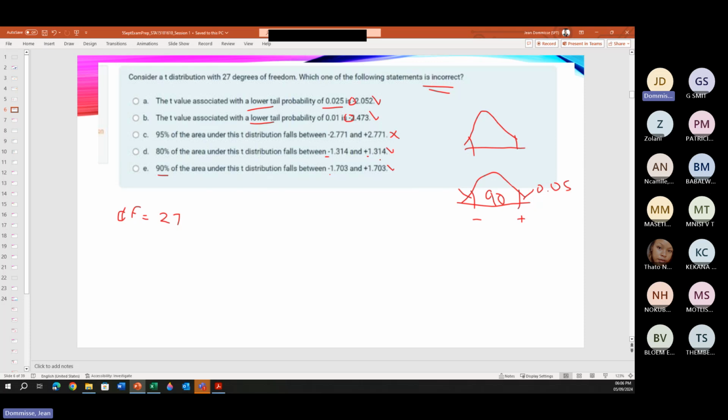Okay, so that is how to read from the t-table if you need to find the t-value, or if you need to look at a lower level, they could have asked upper level as well.